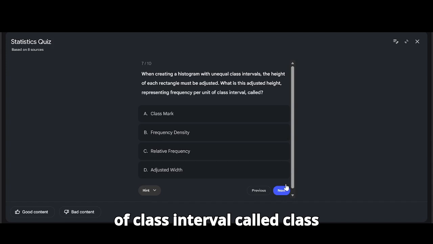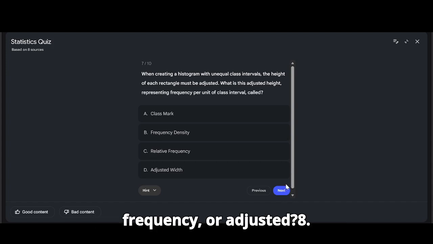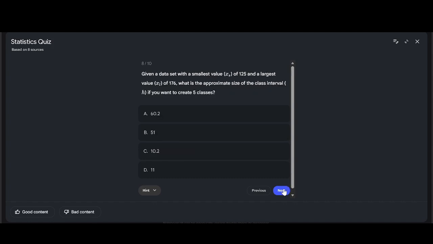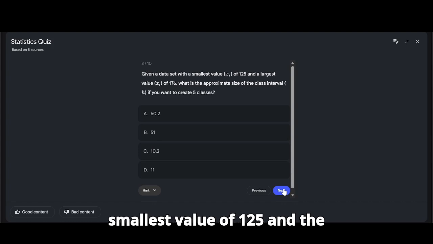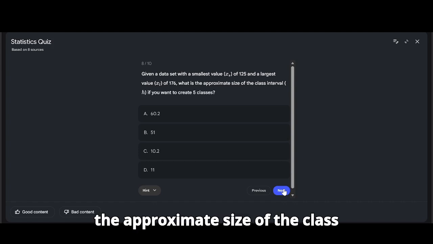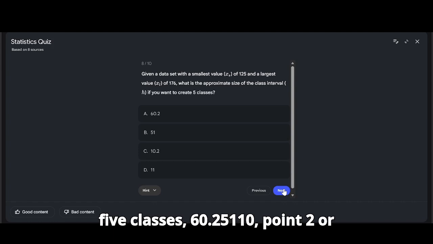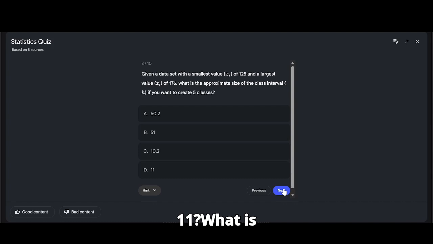Class mark, frequency density, relative frequency, or adjusted width? Given a data set with a smallest value of 125 and a largest value of 176, what is the approximate size of the class interval if you want to create 5 classes? 60.2, 51, 10.2, or 11?